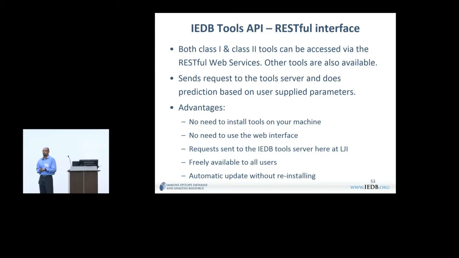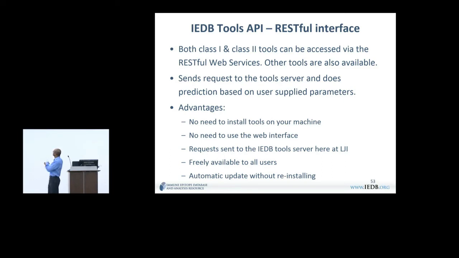This is useful if you have a pipeline, or you are making a script and you want to do repetitive analysis for some specific alleles. It's helpful to use this one. You just insert your command into your script and you can just run it. The advantages are, you don't have to install the tools on your machine, whereas in case of standalone you have to install that, and you don't have to use the web interface.